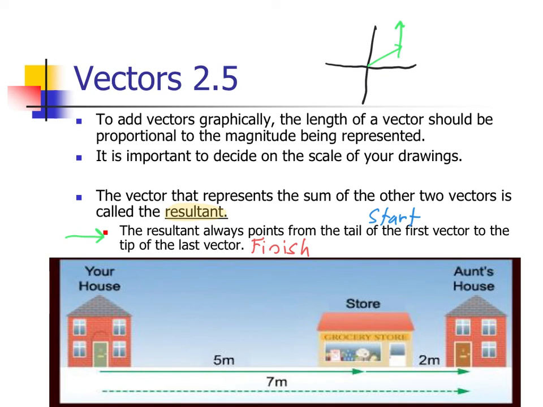The shortest path isn't 7 meters anymore, is it? It's much different. Now you got a triangle involved, which means we'll need different kinds of math. We'll worry about that later. That's for another time. We'll just worry about things moving in a straight path for now.